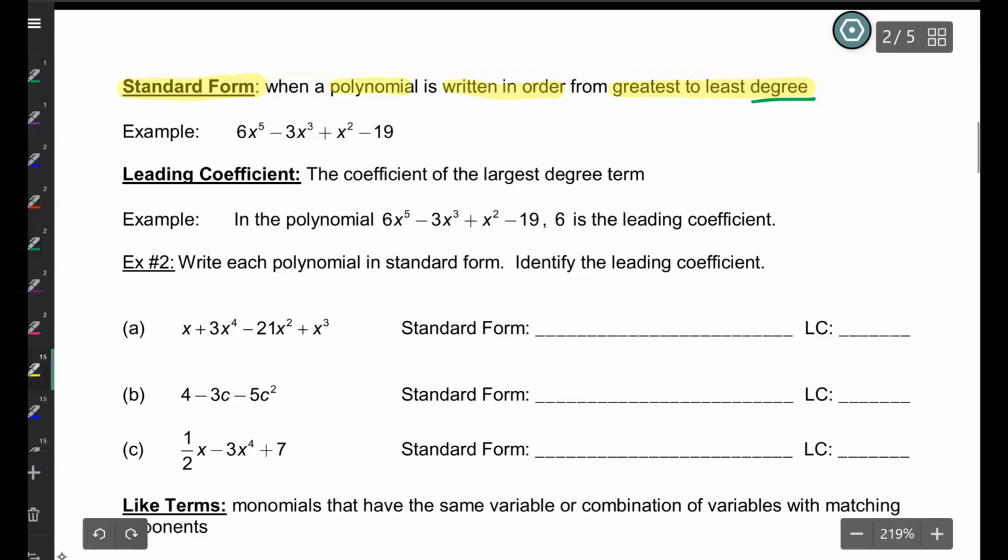So here's an example. It's in standard form because take a look at degrees. It goes from 5 to 3 to 2. And then technically this last term, remember I just talked about constants, would be a 0. So we always put the constants last. That's in standard form.